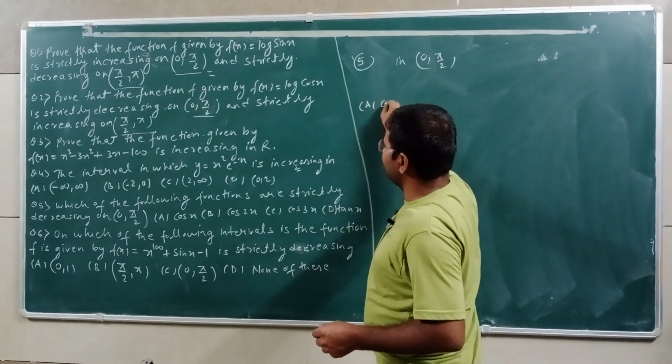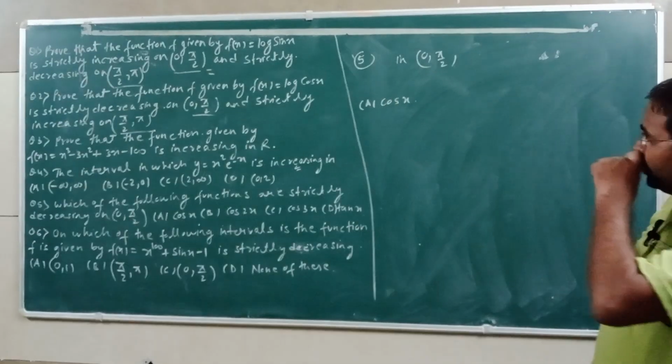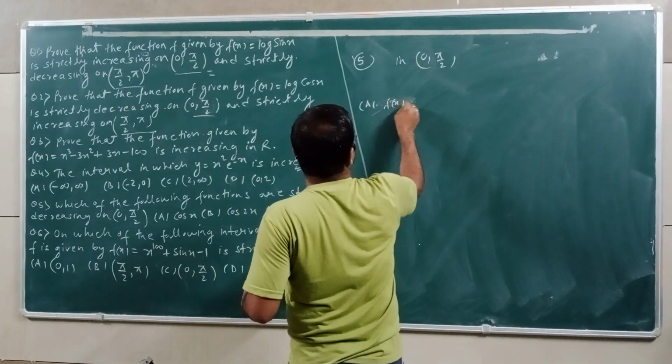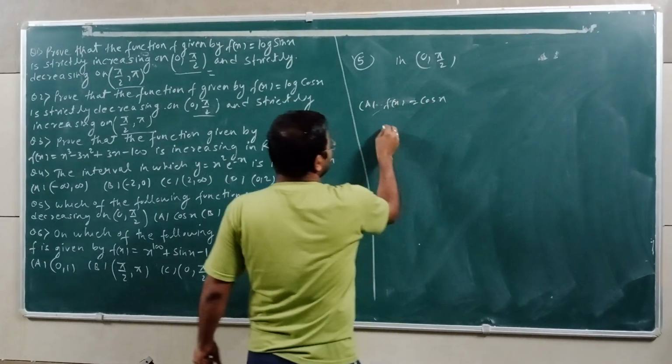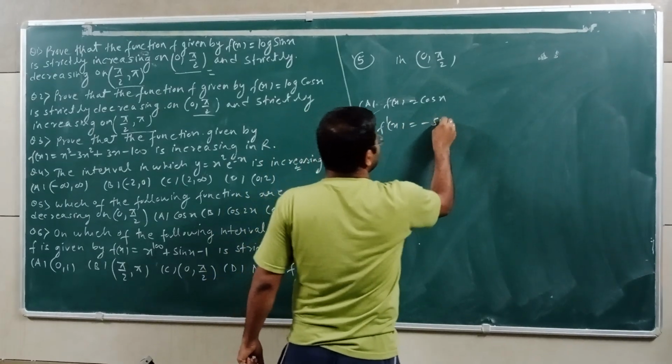A is given cos x. Okay, cos x. Now f x is equal to cos x is given. If you take f dash x, then what will come? Minus sin x will come.